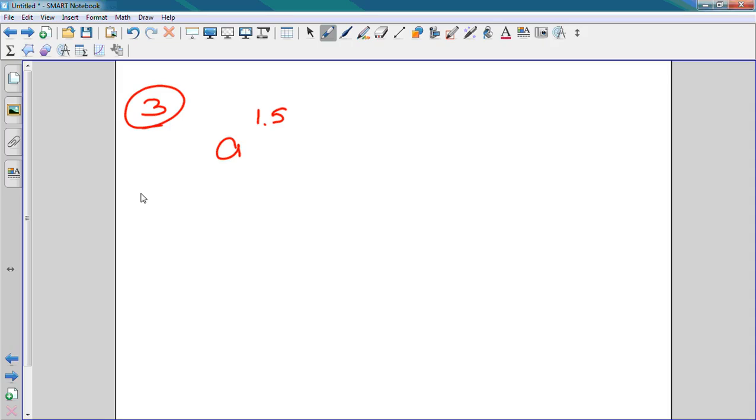When something's written like this, a to the 1.5, how do I do that? Make a fraction. Yeah, change 1.5 to a fraction. Now, if you had no idea how to turn 1.5 to a fraction, how do I do that? Well, take 0.5. What's 0.5 written as a fraction? 1/2 or 5 over 10. Because that's in the tenths column, so it's 5 over 10. And then 1, written as a fraction, could be 1 over 1 or 10 over 10 with a common denominator.